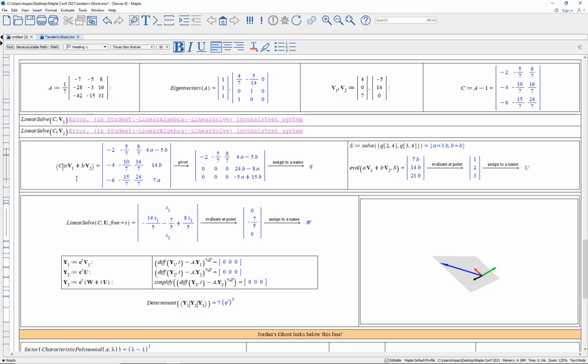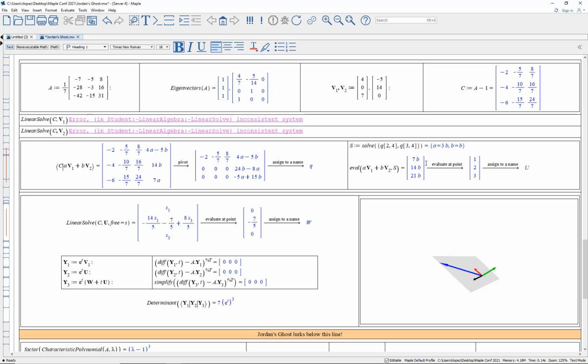Well, you scratch your head and maybe you realize that you need a special eigenvector in the eigenspace to go up the ladder from. So you try to find out what that special vector is. You take a linear combination, you make an augmented matrix, pivot to see what conditions on A and B have to be satisfied in order for the system to be consistent.